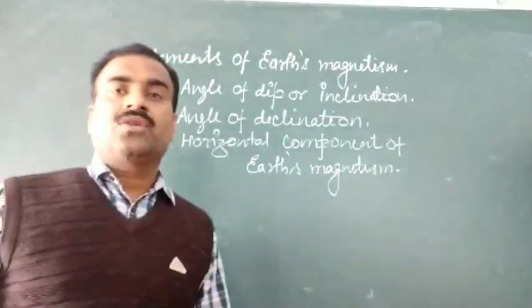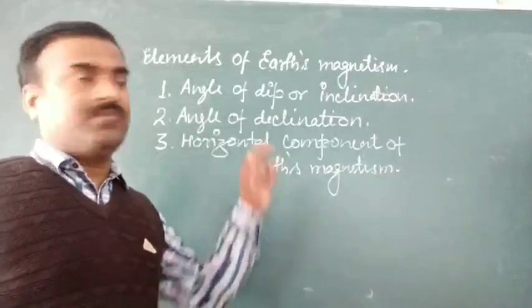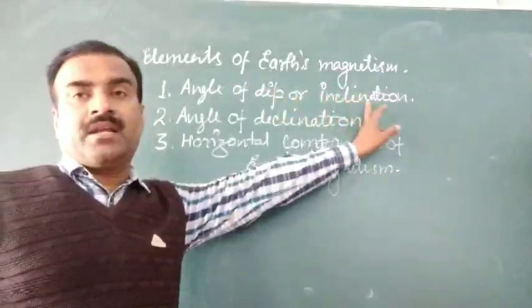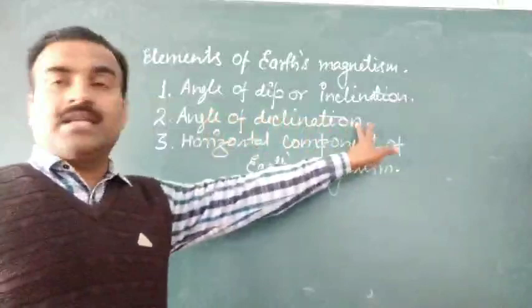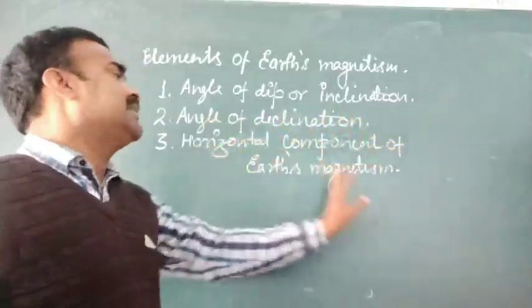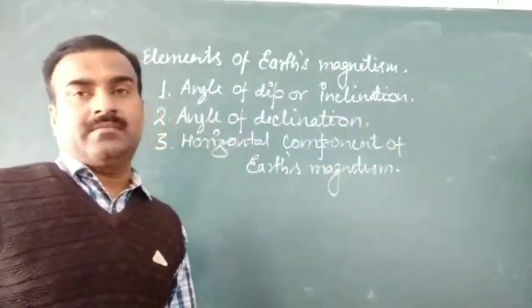Okay, there are three elements of Earth's magnetism: angle of dip or angle of inclination, angle of declination, and the horizontal component of Earth's magnetism.